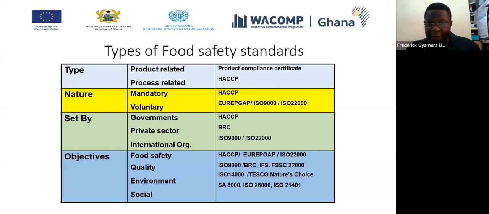That standard was based on the elements captured, or the requirements, in the 22,000. So if you haven't passed that second level, 22,000, forget it. You can never get an FSSC certificate.